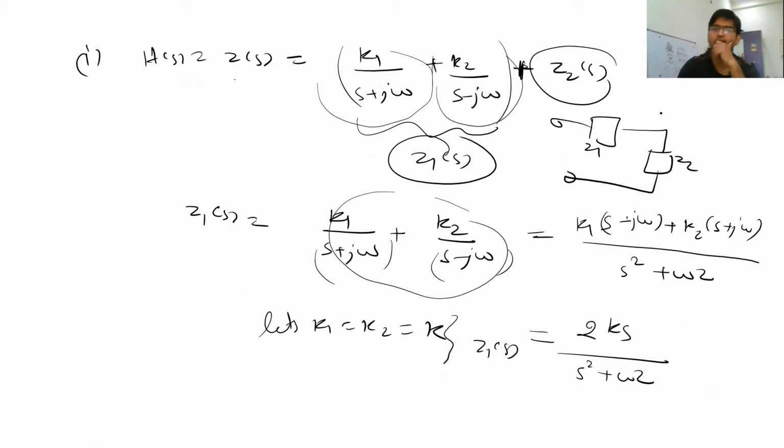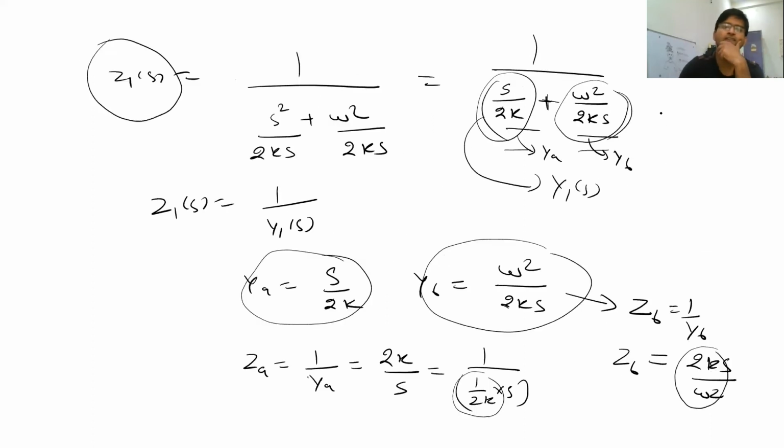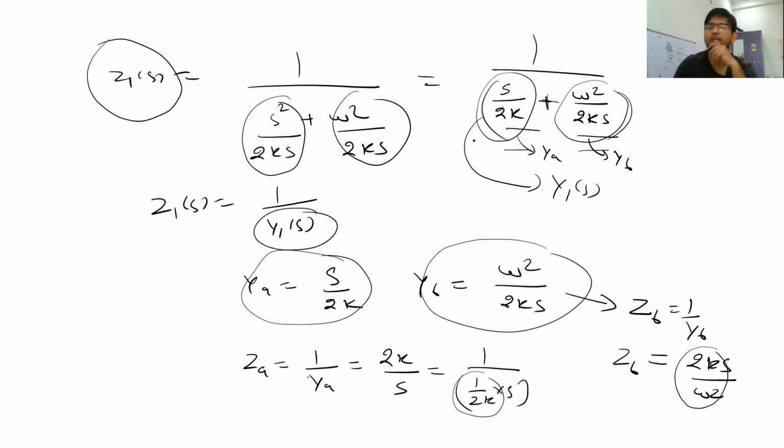This is in series. But when you go inside Z1, you find a reciprocal of the combination of these two things. Since Z1 is the reciprocal of Y1, which is an admittance function, and there are two components to Y1, YA and YB, when two admittance functions add, they represent two parallel branches, right?